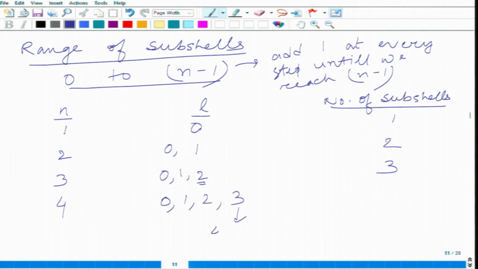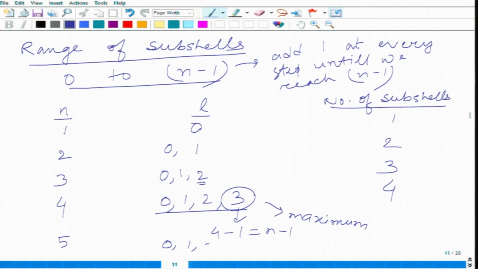Now 3 is 4 minus 1, that is n minus 1. So this is the maximum. We will not go any further. So we have 4 subshells. So these are matching. Okay. Now for 5 again we will have 0, 1, 2, 3, 4. So there will be a total of 5 subshells and so on.